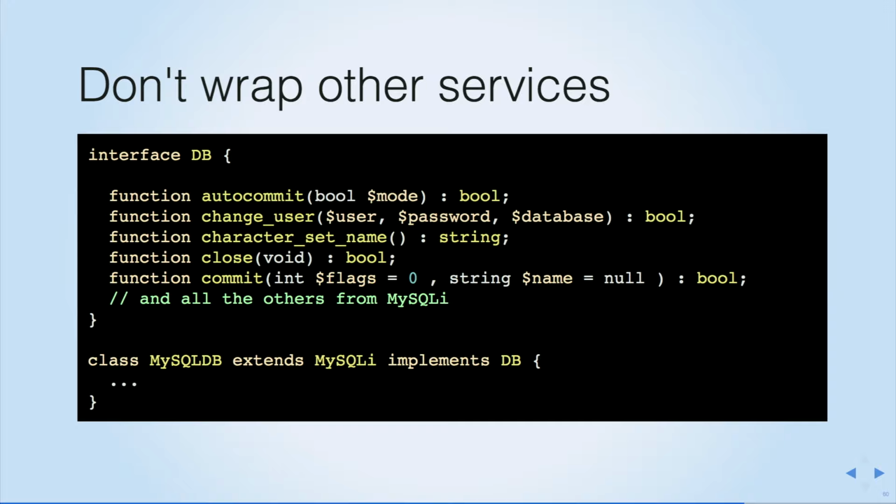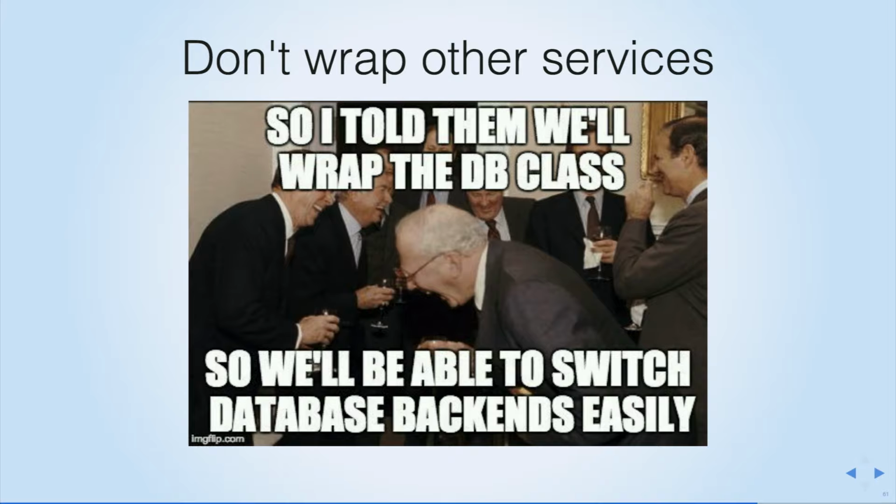And then what I'll be able to do is create mock or fake objects for that interface. This doesn't work out too well. The main reason for doing it, to be able to switch database backends easily, just never really works.